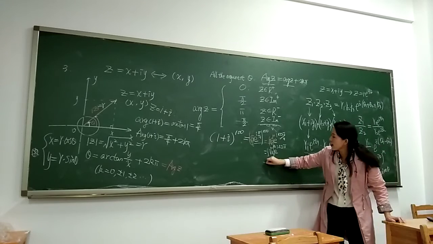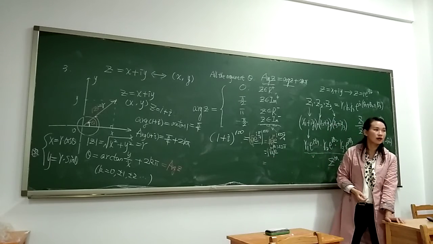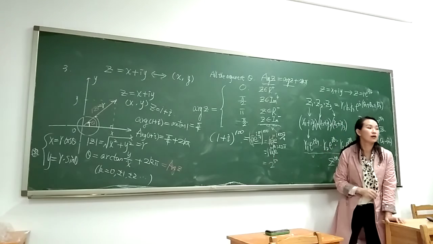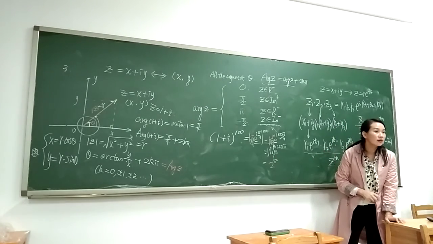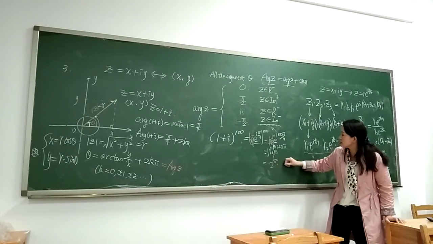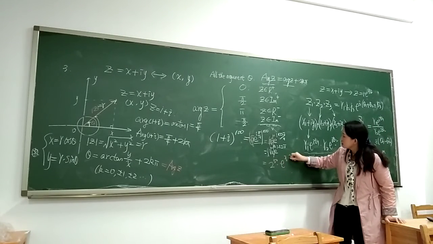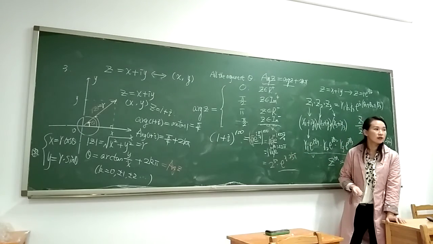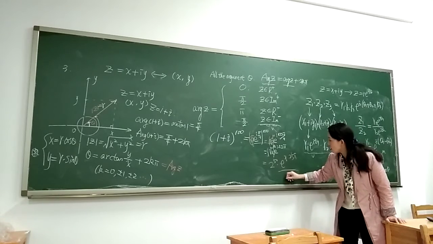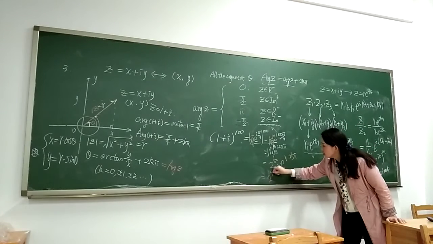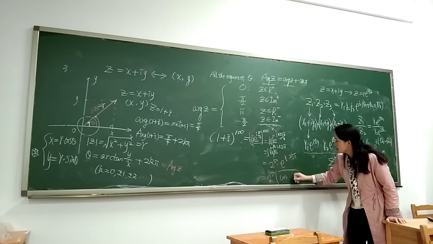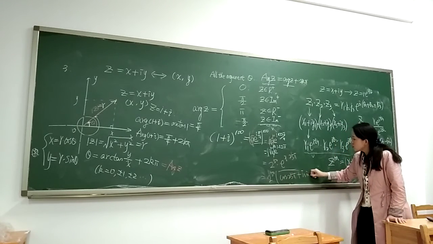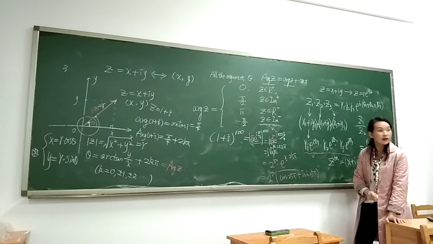But this one you can continue. This one you can write to the power 250. Here you can write e^(i25π). This you can compute, because this one equals cosine 25π plus i sine 25π.